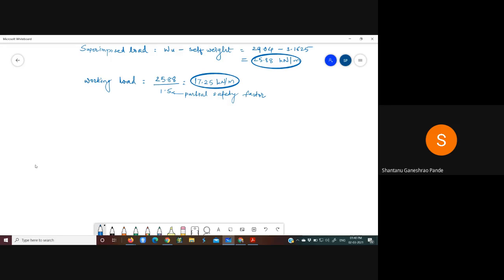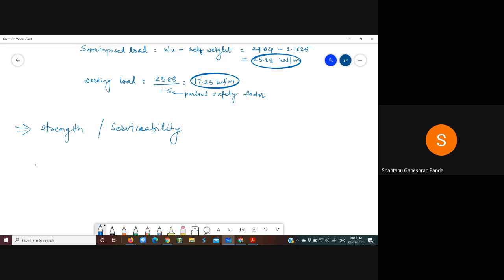In limit state method, in case of steel structure, there were two limit states. One was limit state of strength, and another was limit state of serviceability. Similarly, when we apply LSM to RCC, we have to deal with limit state of collapse and limit state of serviceability.